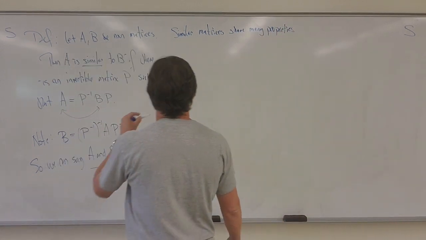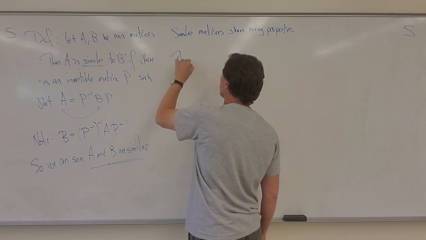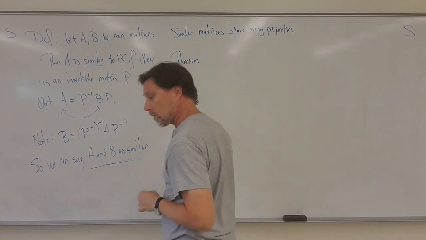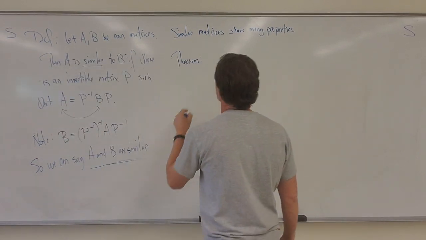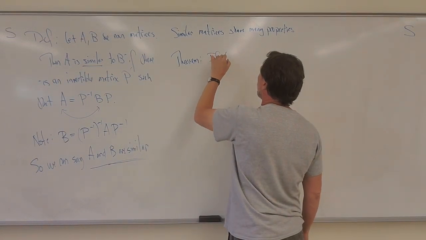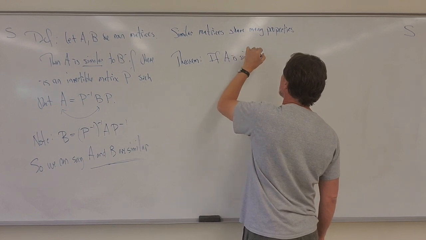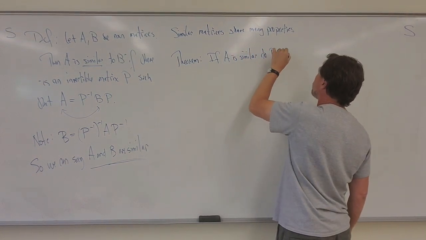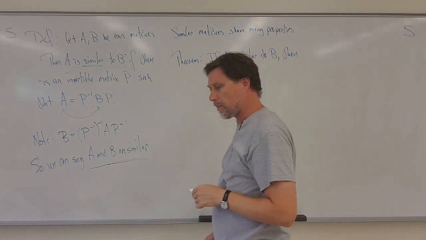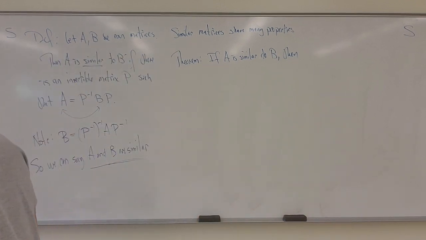So let's write this as a theorem. If A is similar to B, then, and there's going to be a bunch of parts, parts A through G.